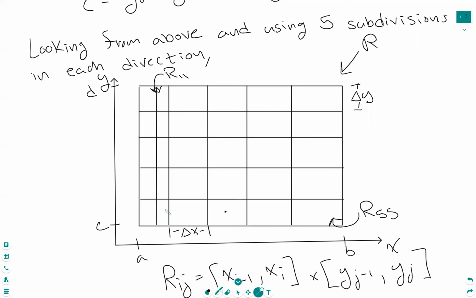Then the sum is over x, right? So I move over, and as soon as I'm done calculating all these y's, I have to add up another sum in this direction. So I keep moving across and adding up all of these like that.